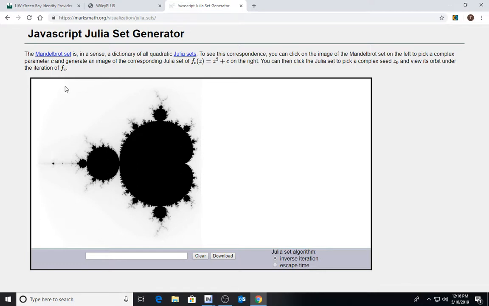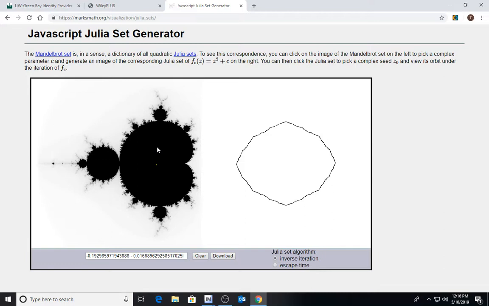So this is the Mandelbrot set, and we saw if we picked a point in the Mandelbrot set and clicked on it, the associated Julia set would come up. So every single point on the left that you click will give you a set on the right.